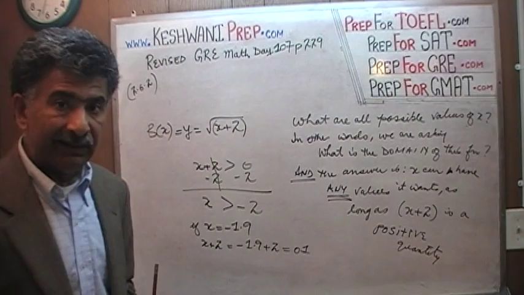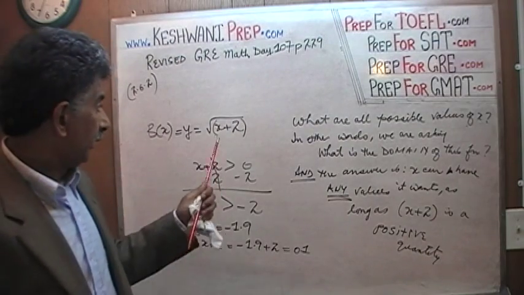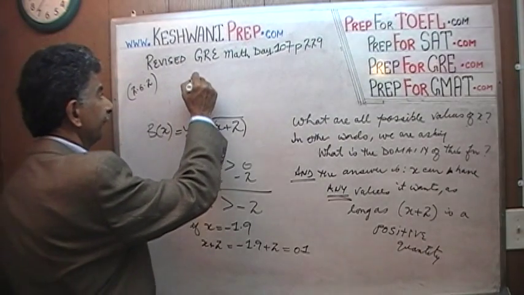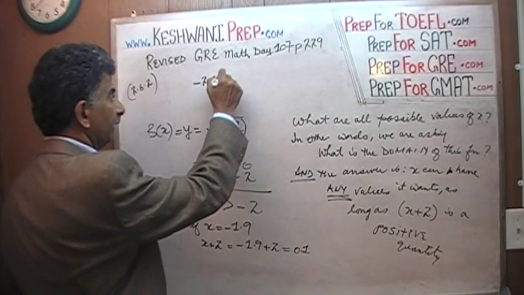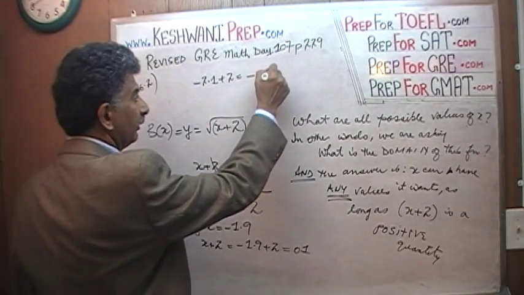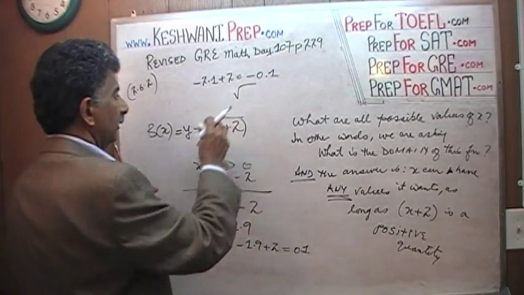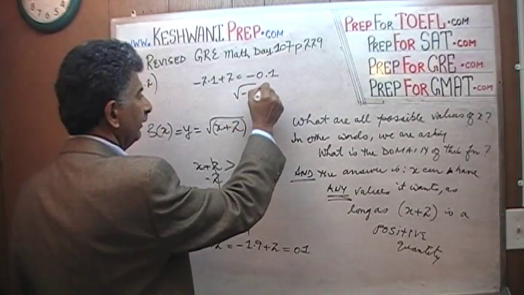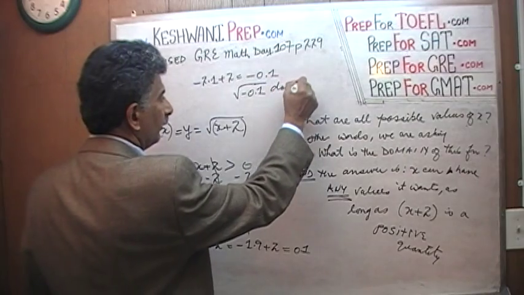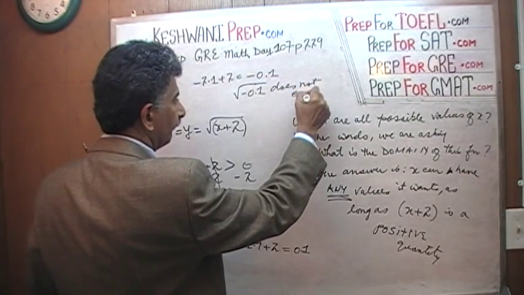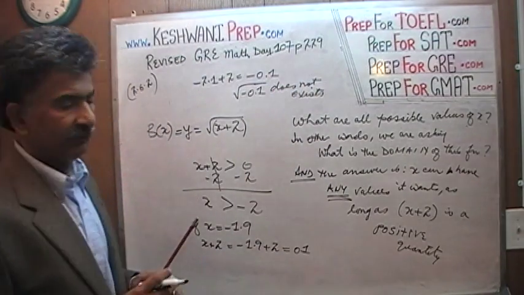But x cannot be negative 2.1. If x is negative 2.1, plus 2 will result in a negative 0.1, and the square root of negative 0.1 does not exist.